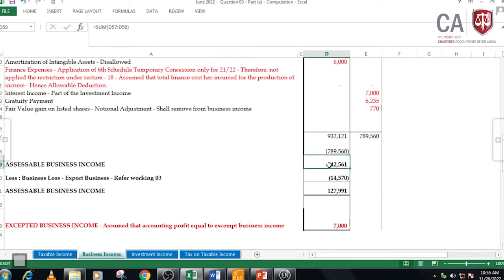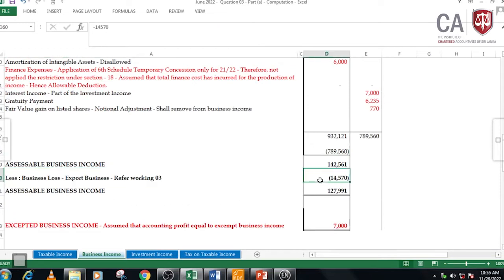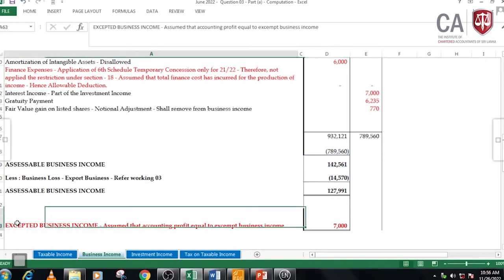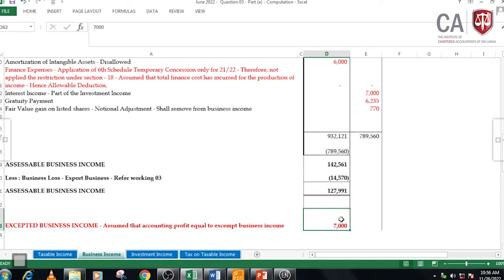From total business income according to working, less business loss on the export part, we have to take first. Then assessable income from business, this is that 127. Then exempted business income we have to show separately. Then assume that accounting profit equals exempt business income. Then the total I have taken like this.